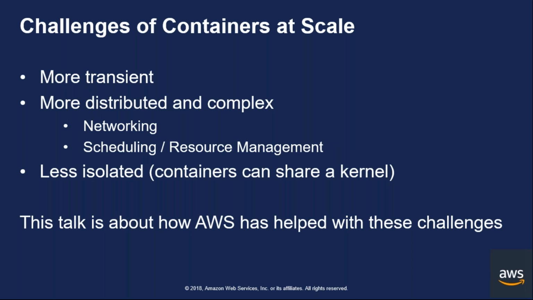By nature, these things are supposed to be deployed on various nodes running in various availability zones, for example, and you need a distributed networking to let the containers talk to each other. You also need a very sophisticated scheduling mechanism to allow your containers to be launched on the EC2 instances where you want them to be.